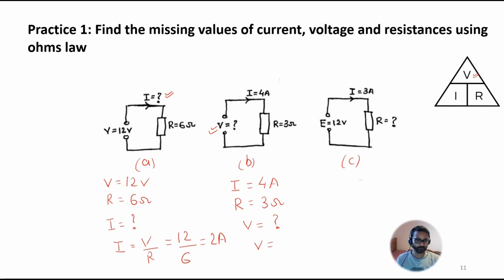So voltage will be current multiplied by resistance. Now, before using these values, just ensure that you don't need a unit conversion. Current is given in amperes, resistance is in ohms, right? So you don't need to convert the unit. We can directly use them. So 4 multiplied by 3, which is 12 volts, right?